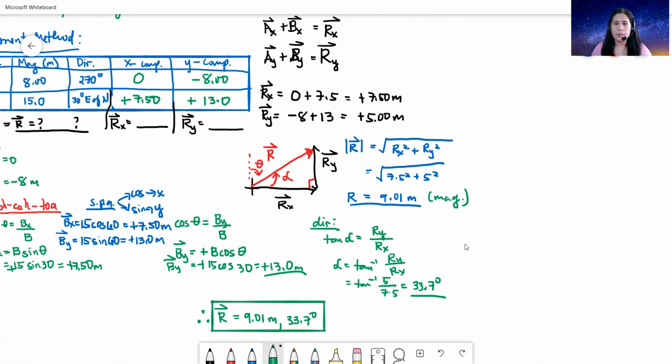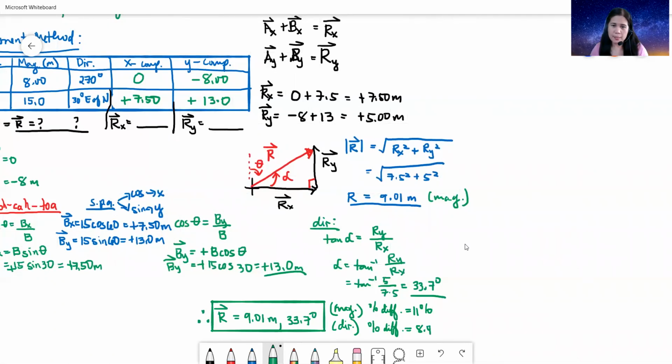Okay. I calculated the percent difference between the graphical method and the component method for A. For the magnitude, the percent difference between the answer in graphical and component is around 11%. And then for the direction, the percent difference between component and graphical in this question is around 8.4.